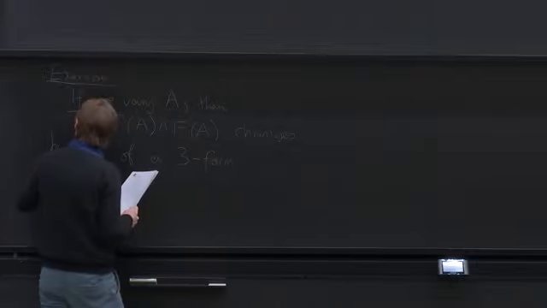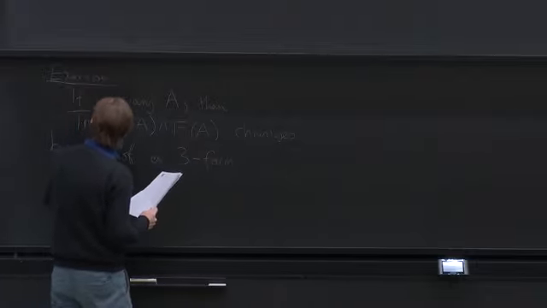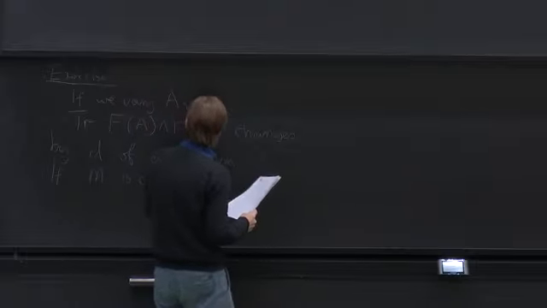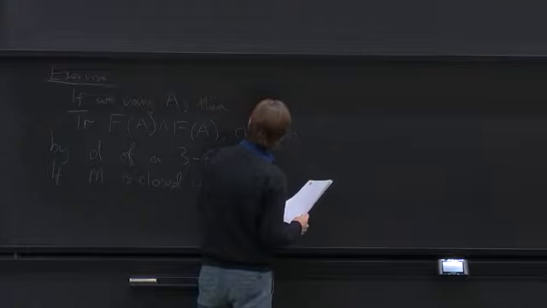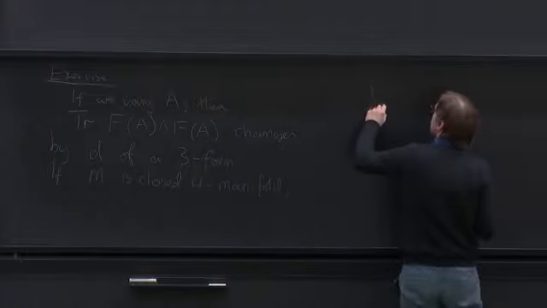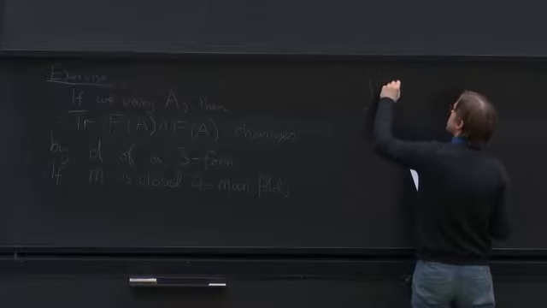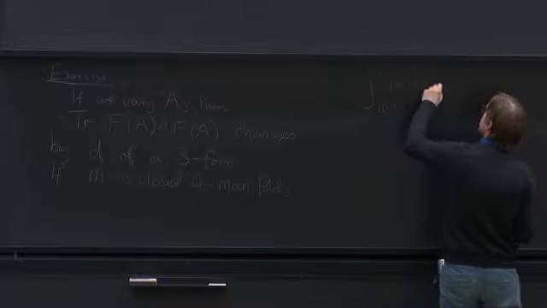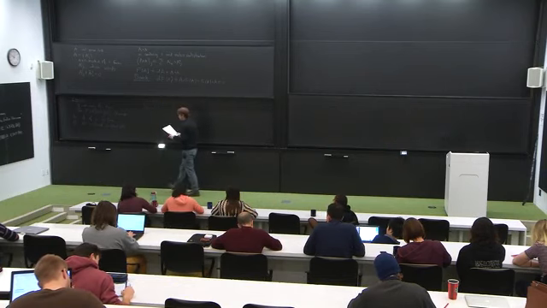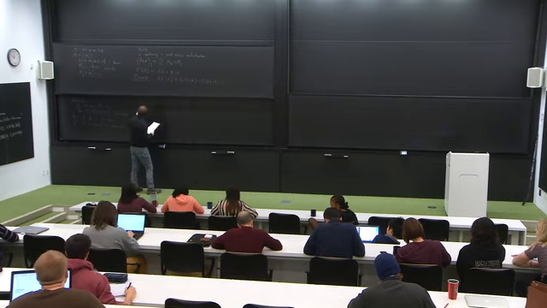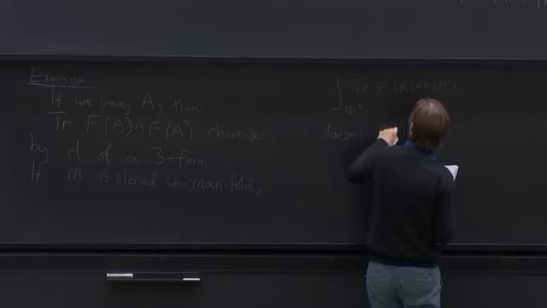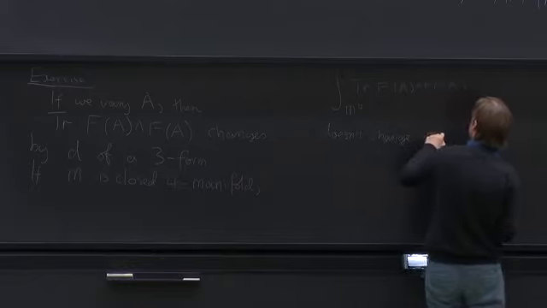So in particular, if M is a closed 4-manifold, then the integral over this 4-manifold of the trace of F(A) wedge F(A) doesn't change if we continuously vary A.